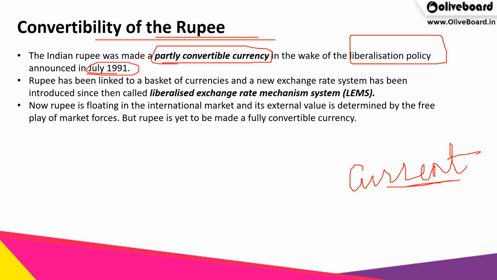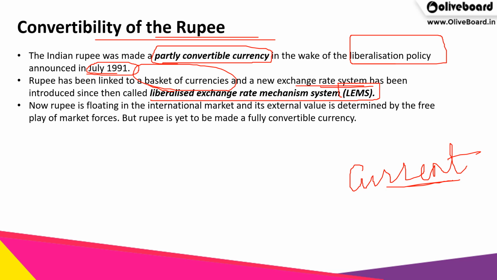Now the rupee has been linked to a basket of currencies, and the new exchange rate which is determined is called the liberalized exchange rate mechanism. This is the mechanism through which the value of the rupee is determined based on a basket of currencies. So now there is free movement, or say market value, that determines what the value of the rupee is going to be.